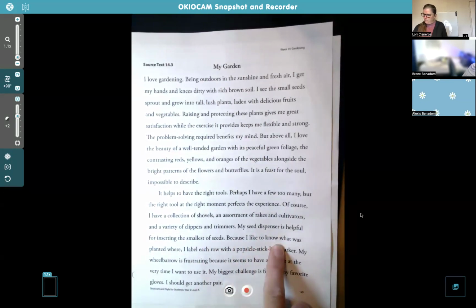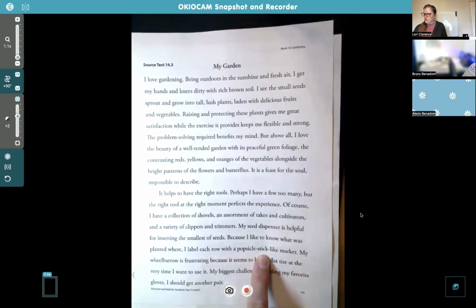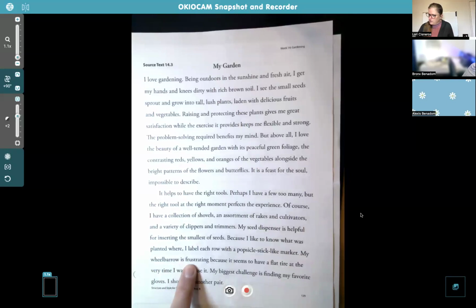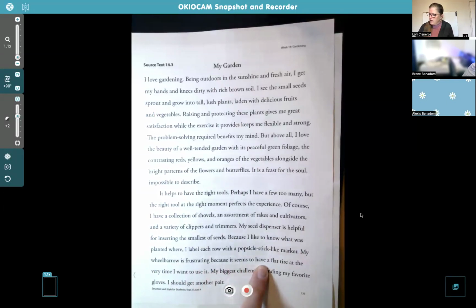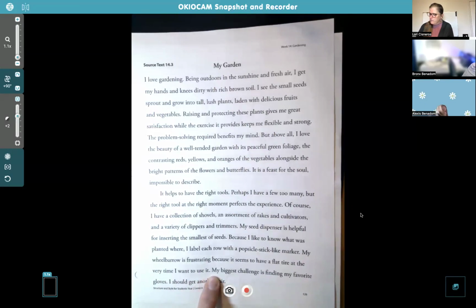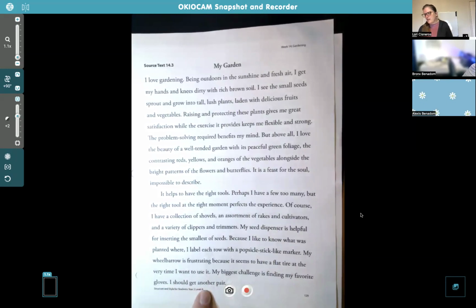Because I like to know what was planted there, I label each row with a popsicle stick-like marker. My wheelbarrow is frustrating because it seems to have a flat tire at the very time I want to use it. My biggest challenge is finding my favorite gloves. I should get another pair.